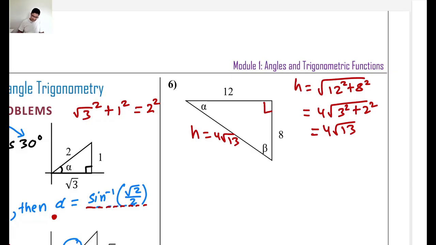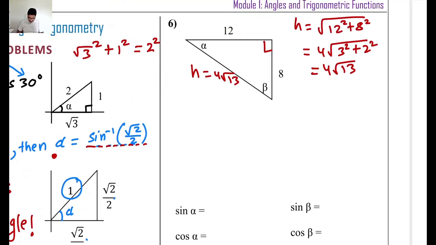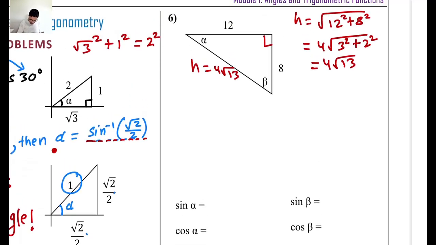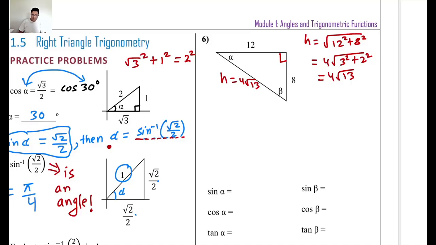This is 90 degrees here. So based on this, we can write all these ratios, right? First, let me zoom out so you can see the whole thing. Sin alpha will be opposite. For alpha, the opposite is 8 there, so that will be 8 over 4 root 13, which you would write as 2 over under root 13.